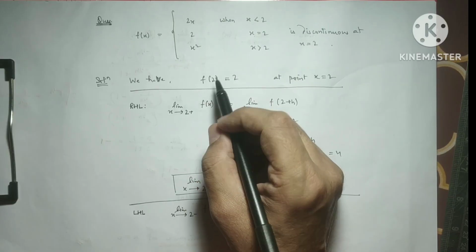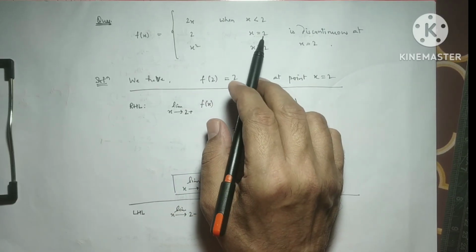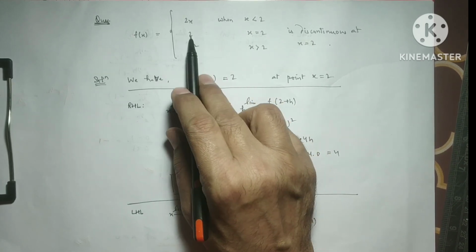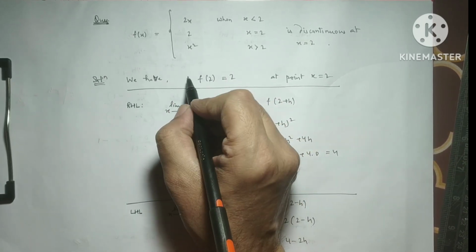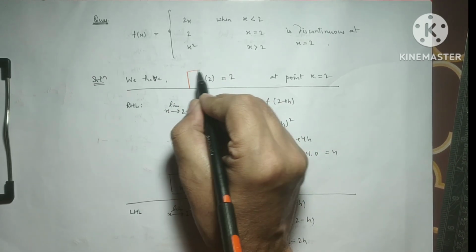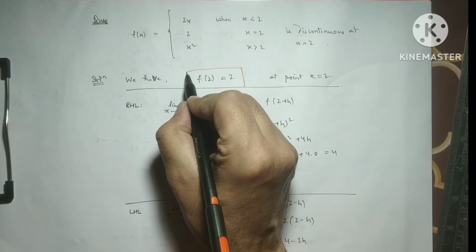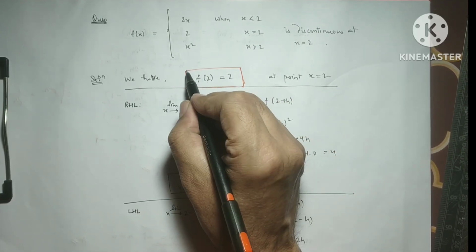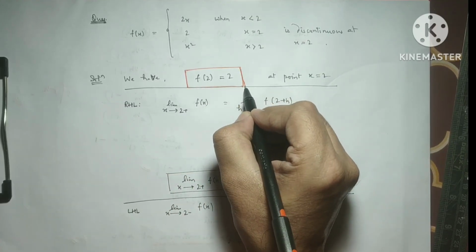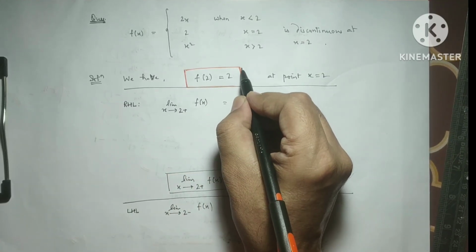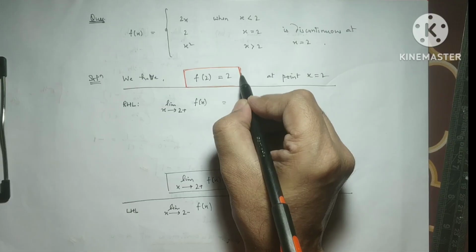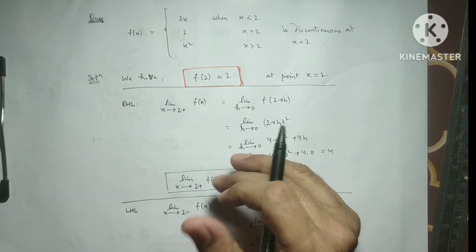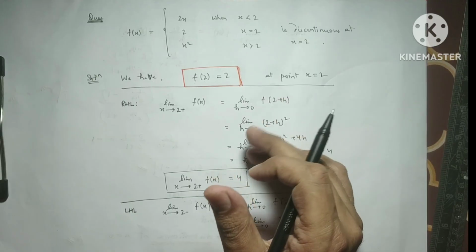So according to this, when we put value 2 in the function, f(2), its value is 2. This is the first value. And for discontinuity, if the limit of the function doesn't exist, or you can say it shows a value other than f(a), that means the function is not continuous.